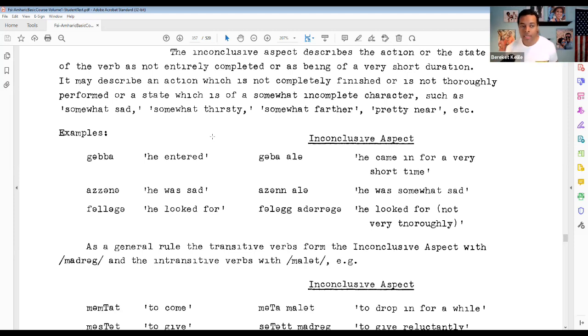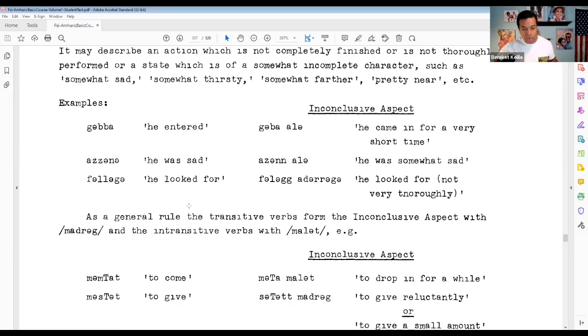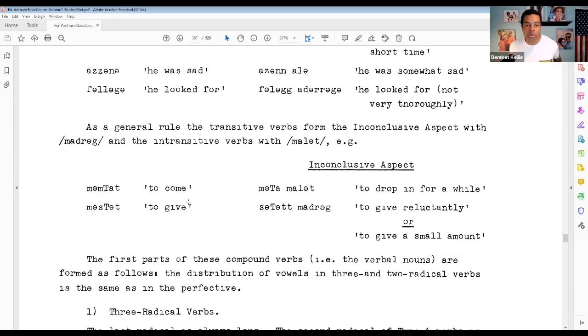Azana, he was sad, third person masculine perfective. Azanala, he was somewhat sad. Falaga, he looked for, again perfective. Falag adaraga, he looked for, but not very thoroughly. And just like what we saw in the previous section, as a general rule, the transitive forms take madrak, whereas the intransitive verbs take malat.